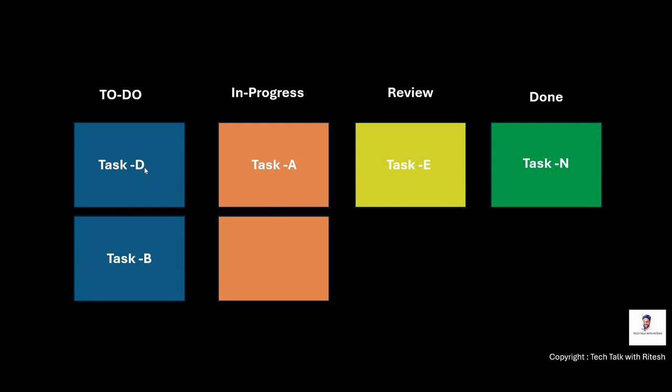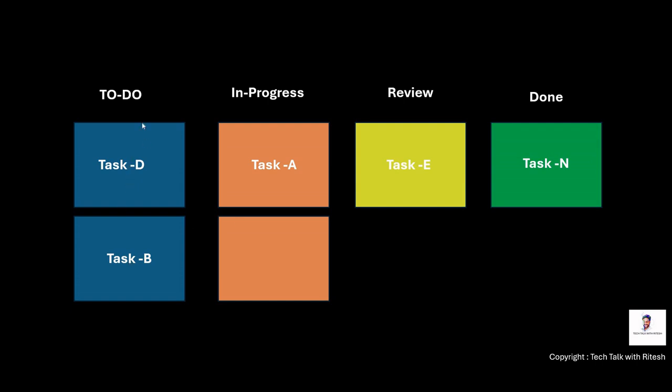These are multiple tasks, right? So on this board, the whole team will have those cards, and then they will change the status. For example, yesterday this task D was in to do state, and the person has worked on it, so now it should be in progress state. So during the stand-up call, or maybe previous to that, the person will change the status.